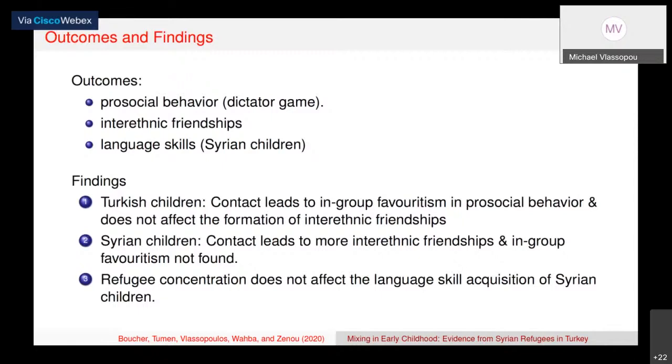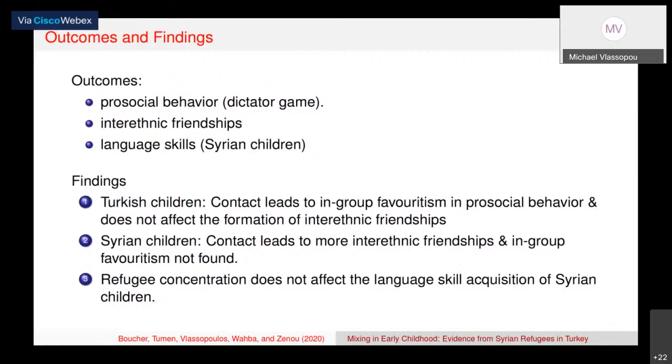Now, with regard to the Syrian children, we find different results. We find that contact matters for the incidence of interethnic friendships. So the more the Syrian kids are in groups and interact thereby with Turkish kids, the more likely they are to form friendship relationships with them. And we also don't find any evidence of in-group favoritism.